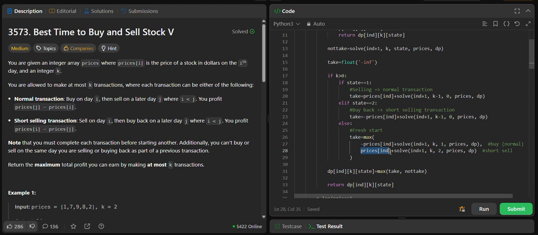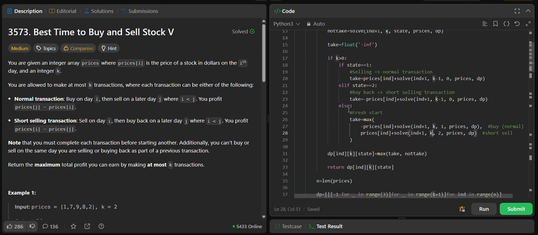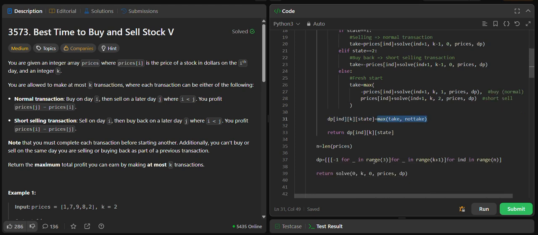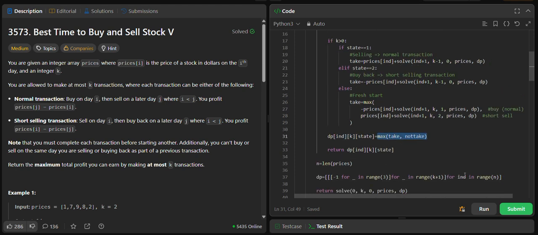So in the short selling transaction we are selling, so the price will be positive, and now the function goes to the next index, and as we are not at the end of any transaction, k will be the same. And thus we now initialize dp[index][k][state] with the max of take and not take, and finally we return it, and this will be the final code.